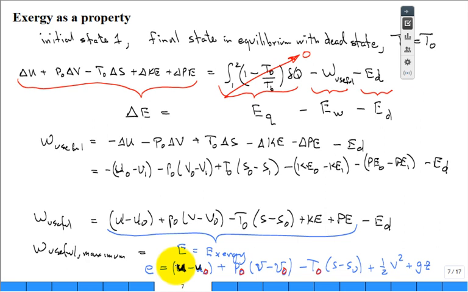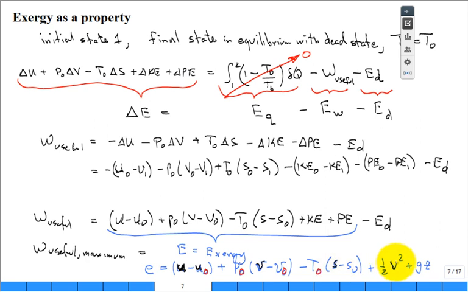You can get it as a function of temperature and pressure. How about this v? What is the specific volume at that condition? Subtract the specific volume if the substance was at the dead state temperature and pressure. What about this s? Same concept. The current specific entropy compared to its entropy if it got to be at the same temperature and pressure as the environmental dead state.